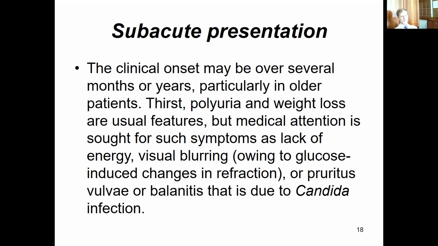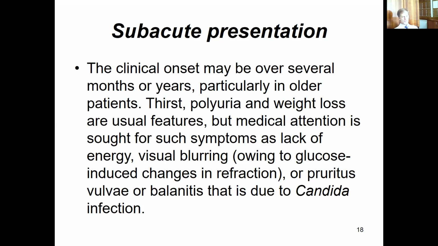They can even tell you the date, because all symptoms were so obvious that the patient can realize when he became ill. If we talk about type 2 diabetes, the patient never tells you when he became ill. He doesn't know, because all symptoms are very insidious, and the clinical onset of subacute presentation may be over several months or years.